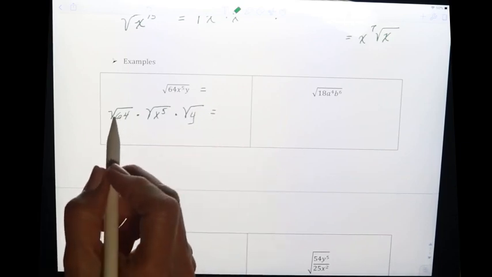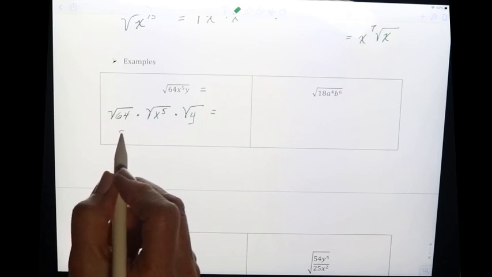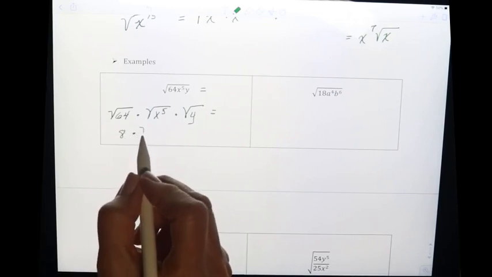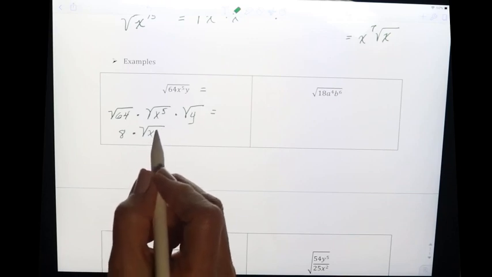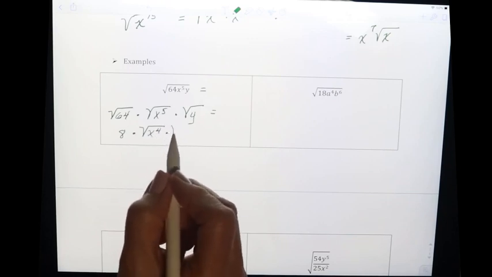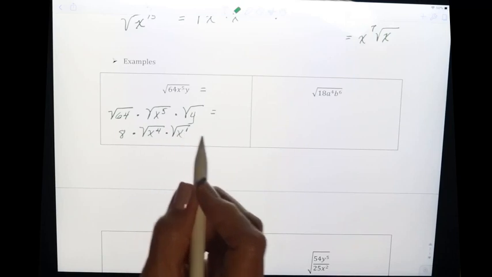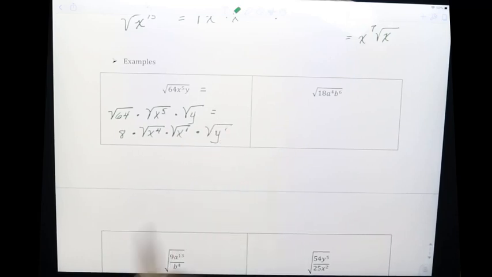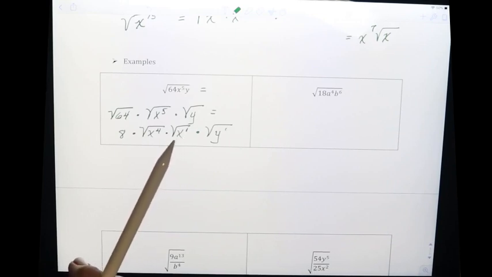And here we do the pieces. So the square root of 64 is 8. Uh-oh, this is an odd exponent, so I need to split this into x to the 4th and x to the 1st. Remember we said we would use this so that we had one of the variables with an exponent of 1, and then this other one was going to be accounting for these 5 factors of x.